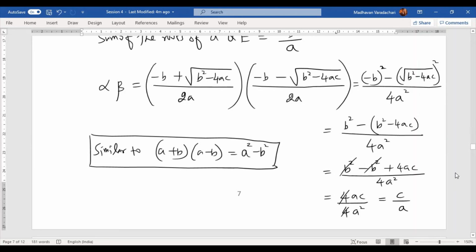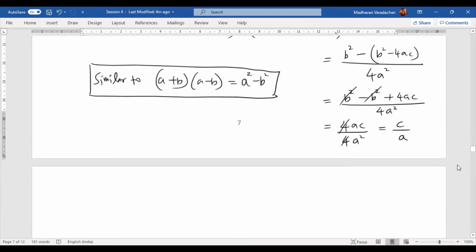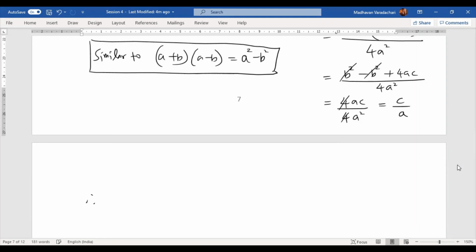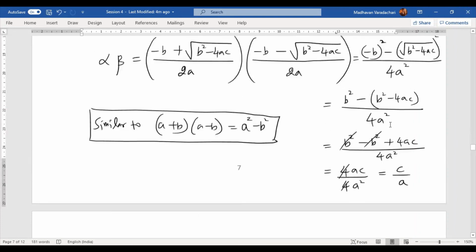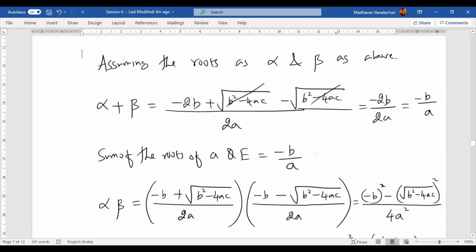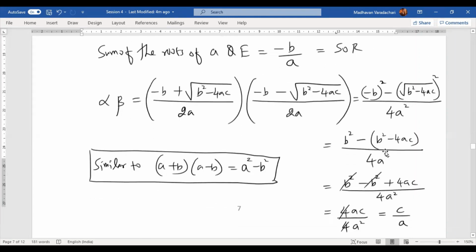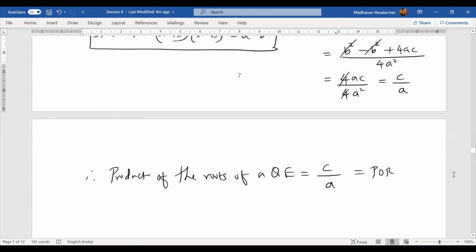So I can conclude that the product of the roots of a quadratic equation is c by a, right? I will call this POR, product of roots, and the earlier one I'll call SOR, sum of roots.